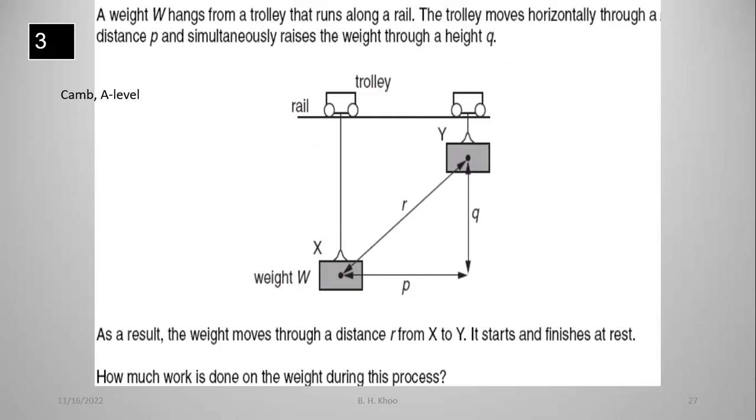This is a subjective question, Cambridge A level. A weight W hangs on a trolley that runs on a rail. That's your rail, that's your trolley.